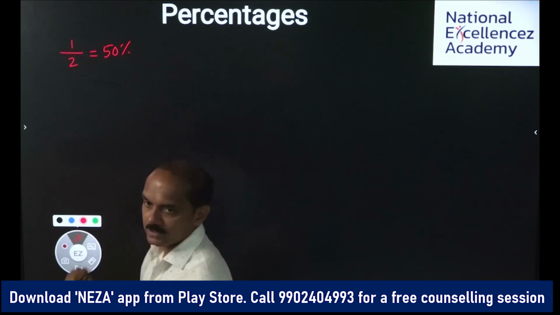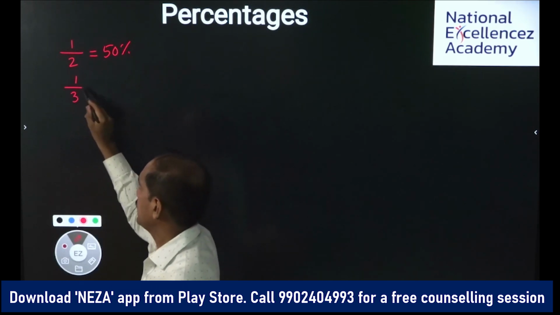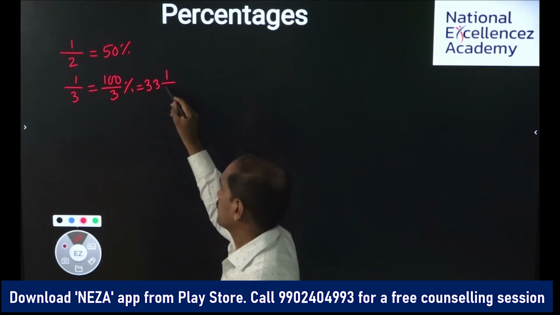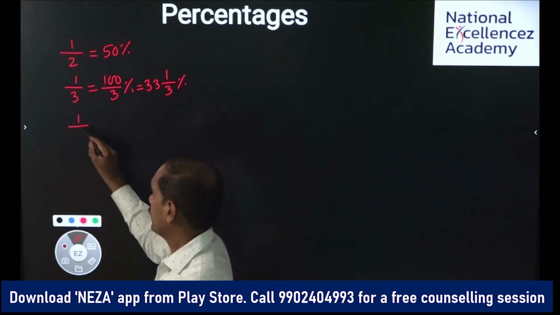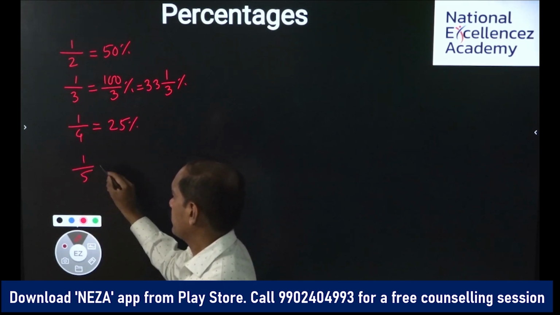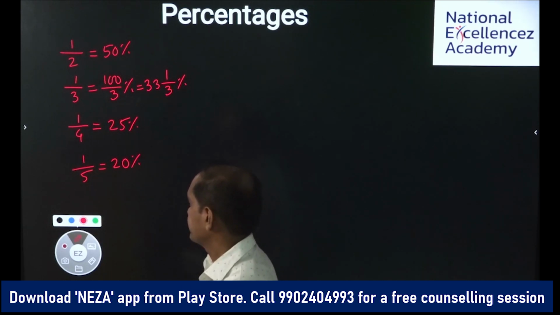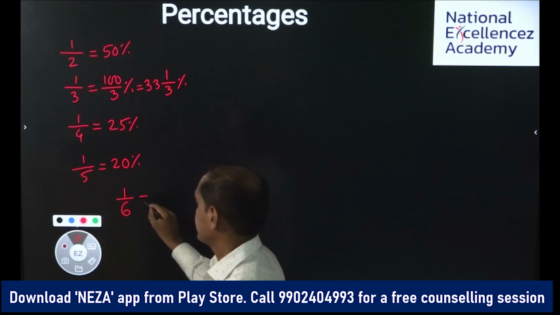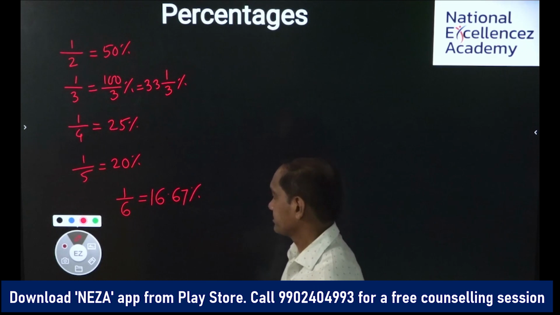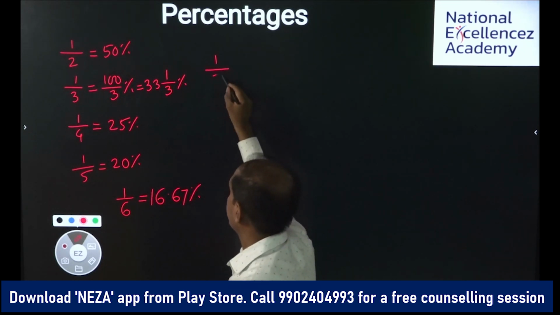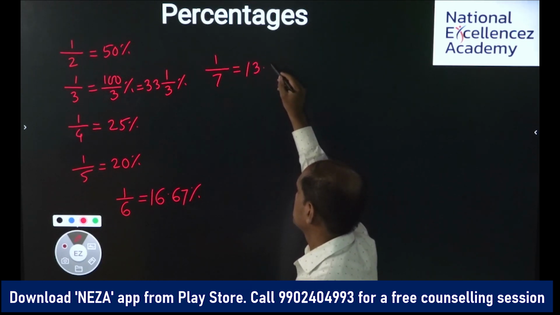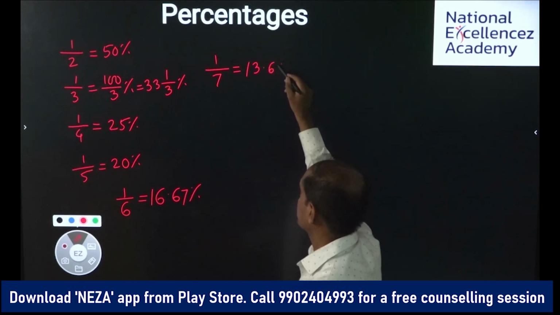1 by 2 is 50%. 1 by 3 is 100 by 3%, or you can write it like 33 1 by 3%. 1 by 4 is 25%. 1 by 5 is 20%. 1 by 6 is 16.67%, right? 1 by 7 is 13.69%.